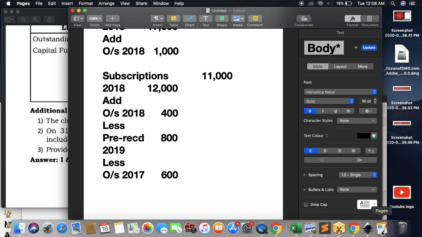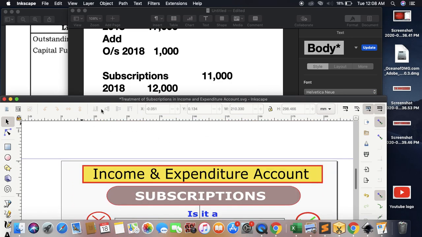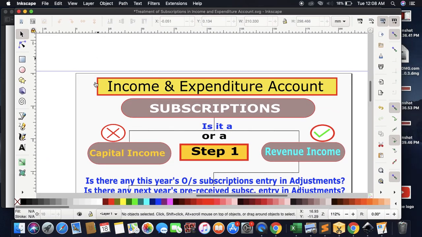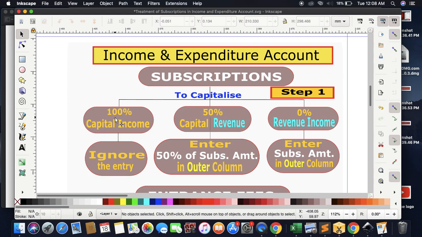And now let's see situations where there is 100% capital, 50% and 0%.